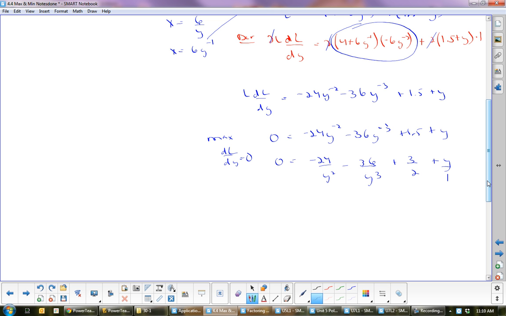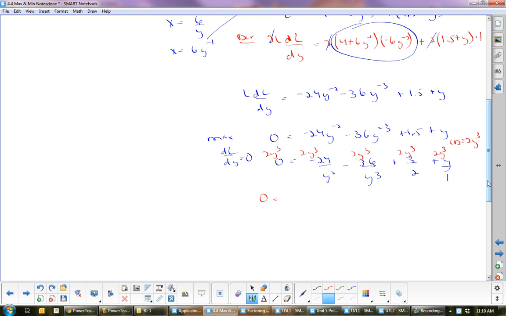When it equals 0, you have a nice convenience: multiply everything by a common denominator, and you can get rid of all denominators. In this case, my common denominator would be 2y cubed. So you'd multiply every term by 2y cubed. You're still going to get 0 over there.